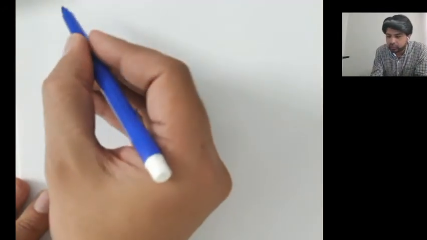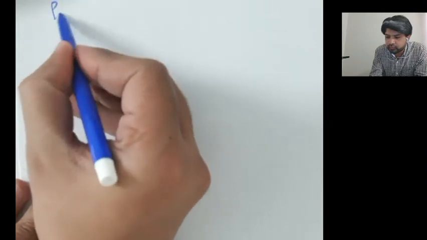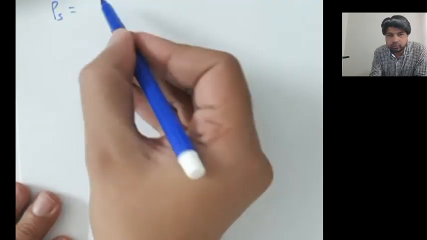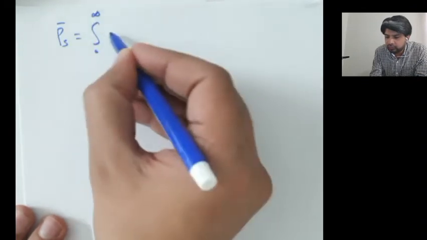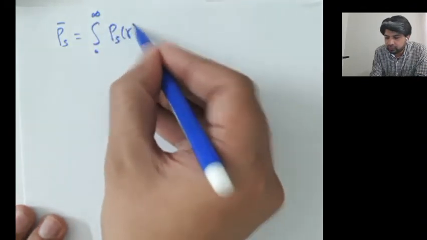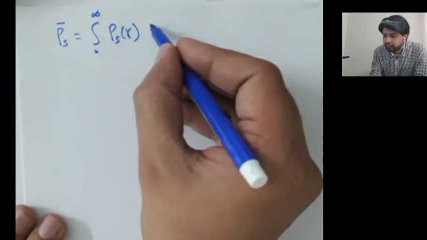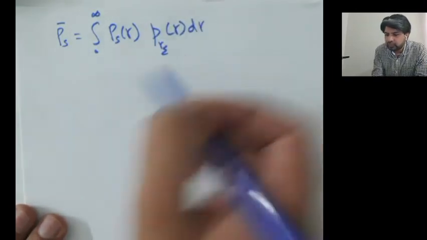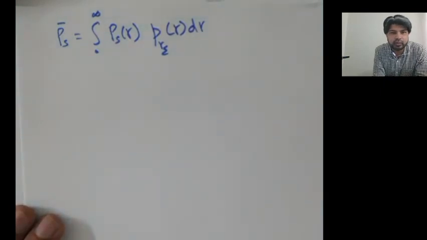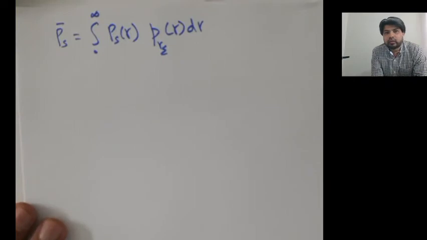So now what I'm talking about is if you want to compute PS bar, your PS bar would be equal to the integral from 0 to infinity of PS as a function of gamma, P gamma sigma of gamma d gamma. This is your average symbol error probability using maximal ratio combining, where P gamma sigma of gamma would be a chi-square distribution.